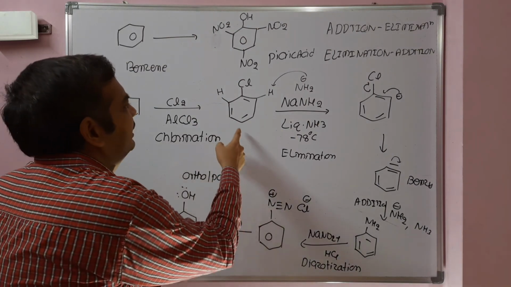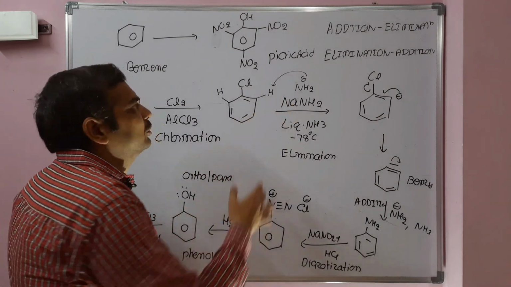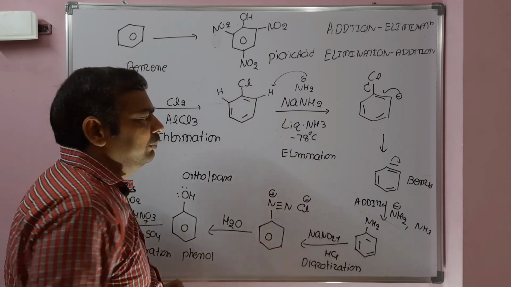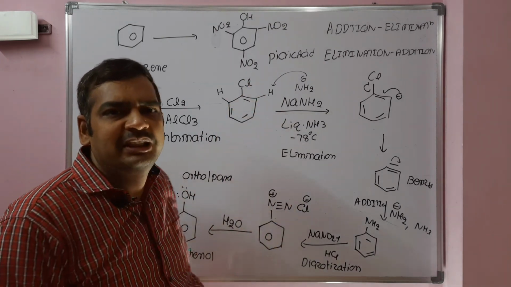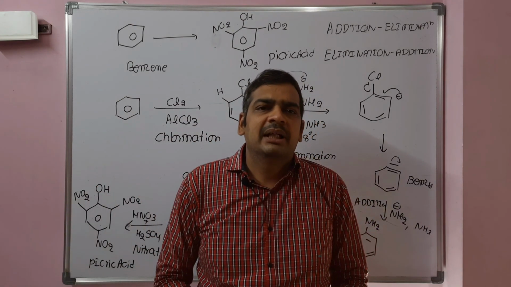Whereas in the elimination addition mechanism, there is no need for nitro and OH first. Directly we converted chlorobenzene to benzyne, aniline, followed by diazotization, then phenol and then nitration. So this is about aryl halides applications.